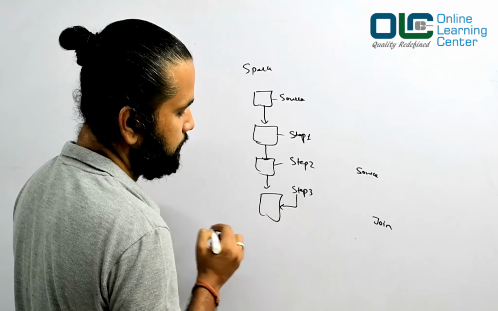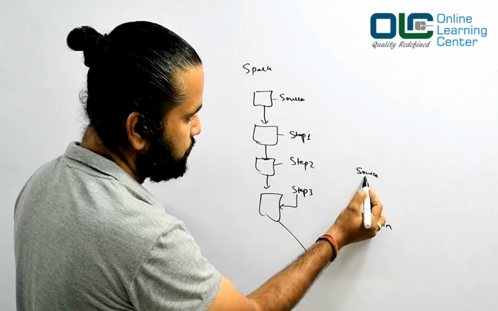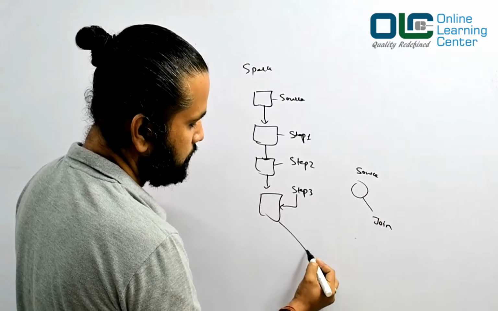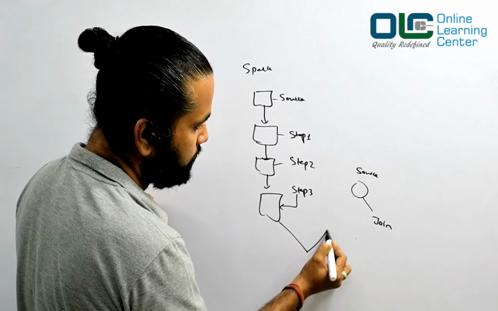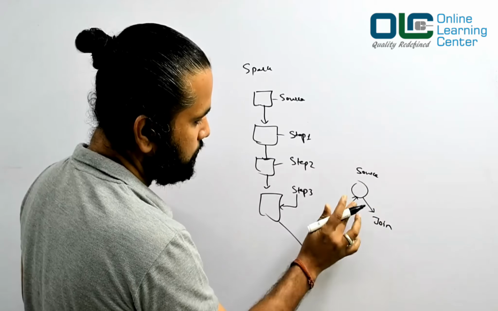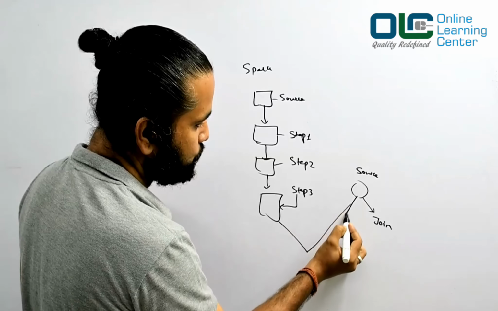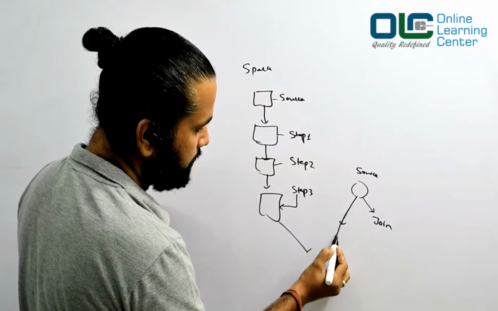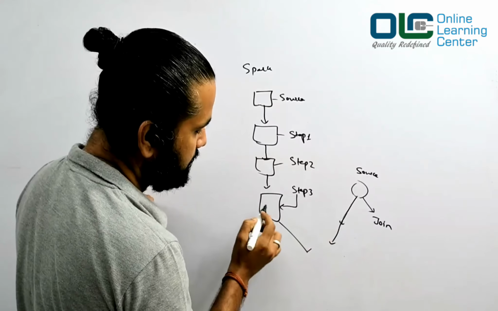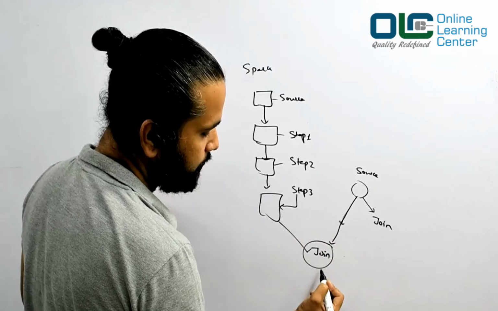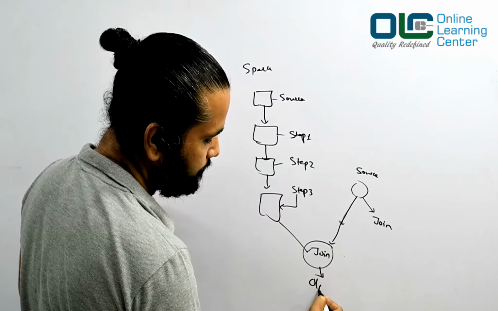After that, you have this other source, and this source and this step 3 output are joined, and you get the final output.